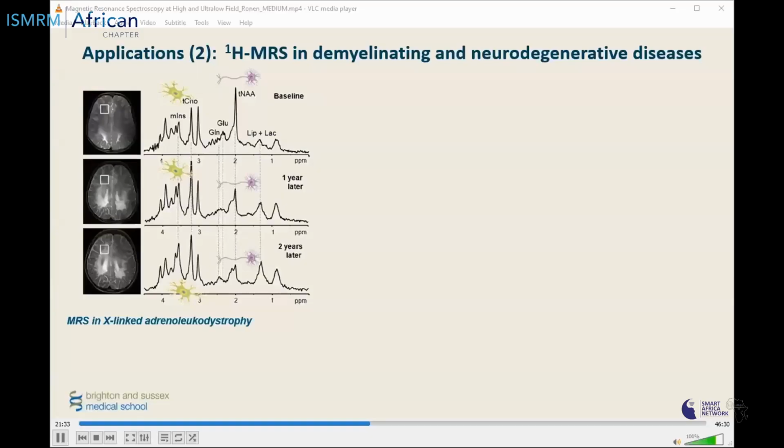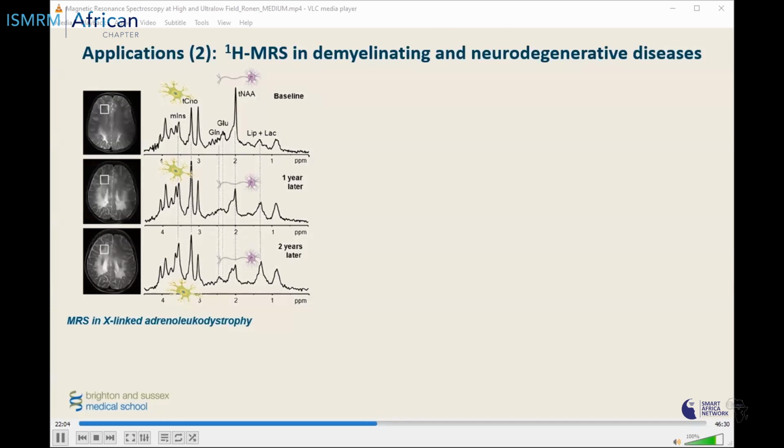In N-acetyl aspartate, in this big peak, which is the peak associated with neuronal viability and with neurons in general. And there is also an increase in the two glial markers that we talked about before. So there is an increase in choline at 3.2 ppm, and there is an increase also in myoinositol at about 3.6 ppm. So there is a process here that tells us that glial cells are involved.